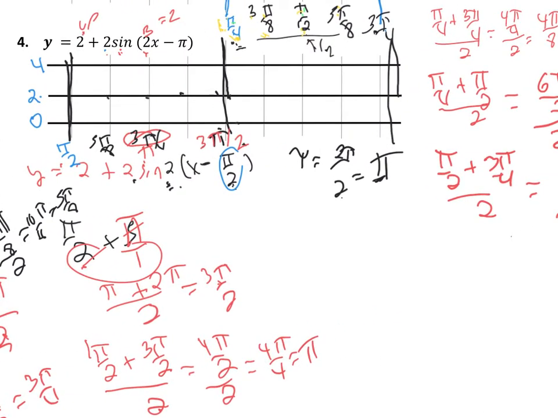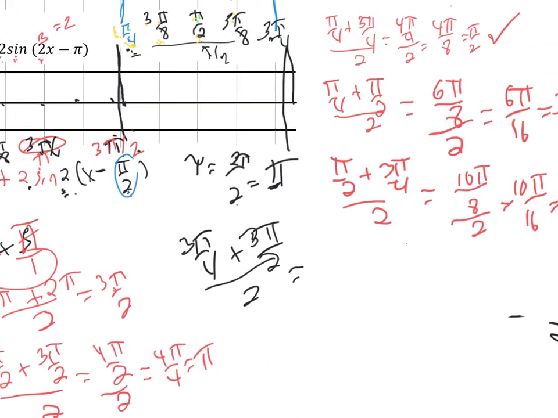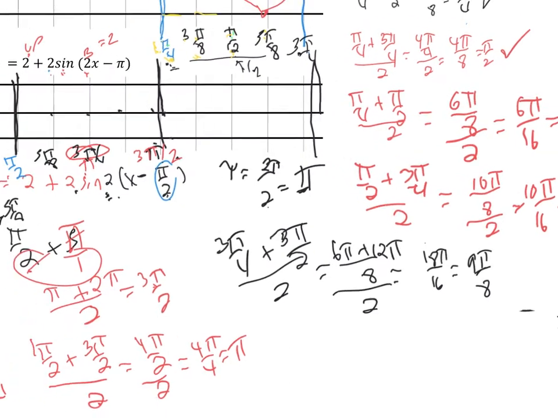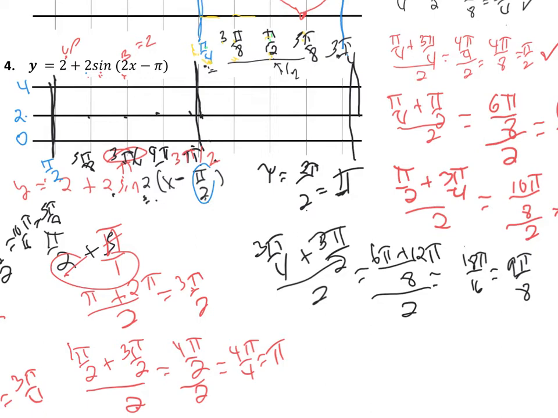One more number and I'm done. 3 pi over 4, that's the middle, plus the 3 pi over 2, and take that divided by 2. 6 pi plus 12 pi over 8 divided by 2 is 18 pi over 16, which reduces to 9 pi over 8. Last number was 9 pi over 8.